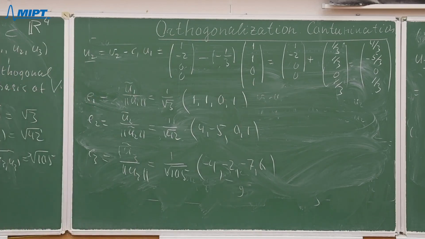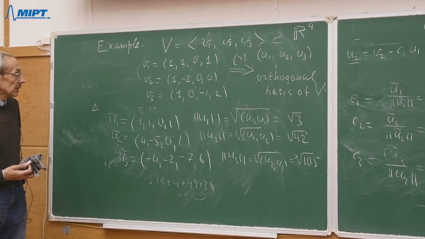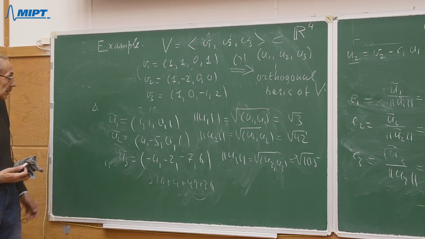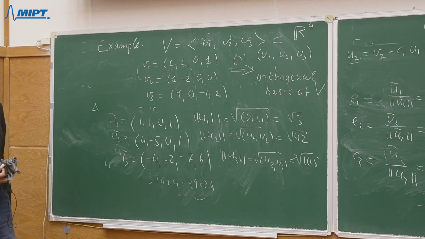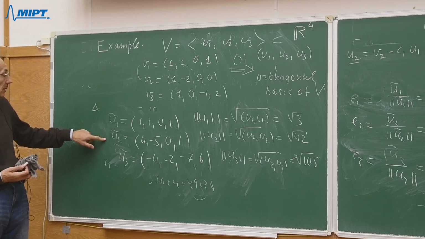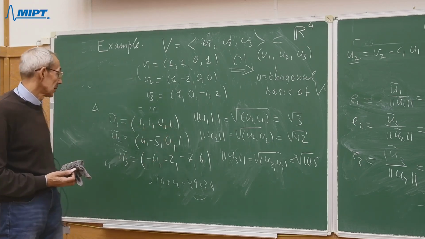It is easy to check that we obtain an orthogonal system. It is easy to calculate the pairwise scalar product, or dot product, of these vectors, and easy to see that these dot products are equal to 0. If you calculate the dot product of U1 and U2, it is 4 minus 5 plus 1, equal to 0.